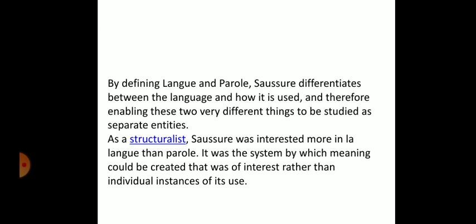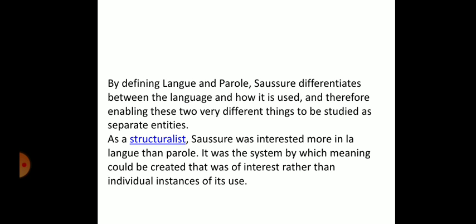As a structuralist, Saussure was interested more in Lang than parole. It was the system by which meaning could be created that was of interest rather than individual instances of its use. Since Saussure belonged to the structuralist group, the more interesting thing for him was the language form, or the language structure.